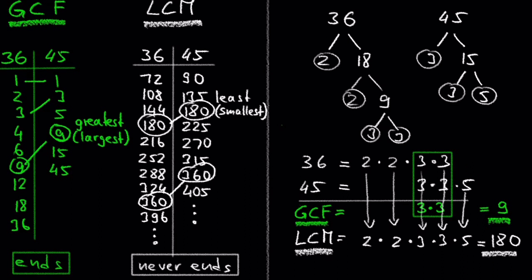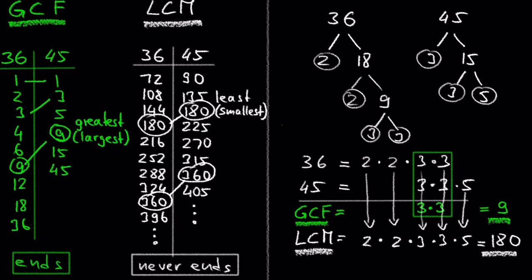So we need two 3's and a 5. Sure enough, we can find two 3's and a 5, so they're both in the least common multiple. But we don't have to repeat the two 3's. We just need to write them once. That's why only one comes down in those places.